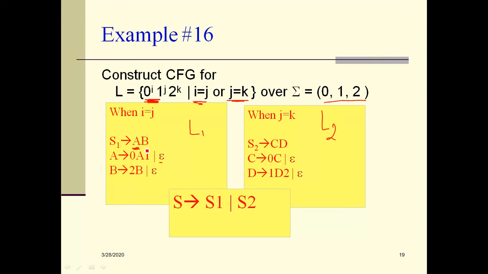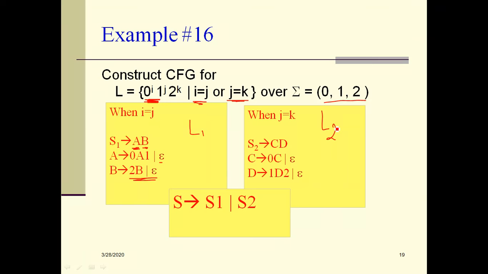And then this B will generate some number of 2s. It can be zero 2s, one 2, or more, and then we concatenate it, A followed by B. A generates an equal number of 0s and 1s, followed by B generating some number of 2s. Okay, so this is for language 1.